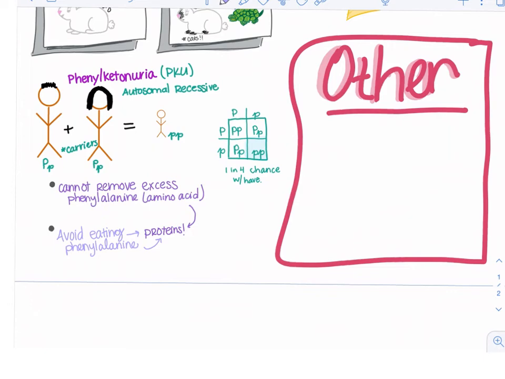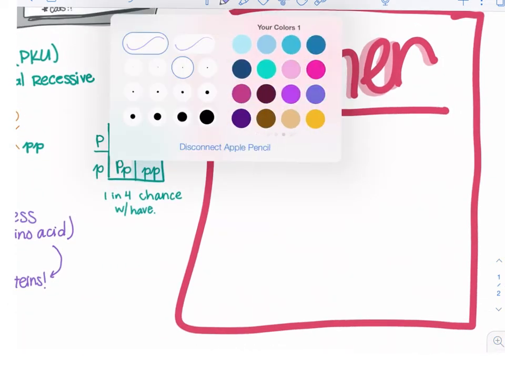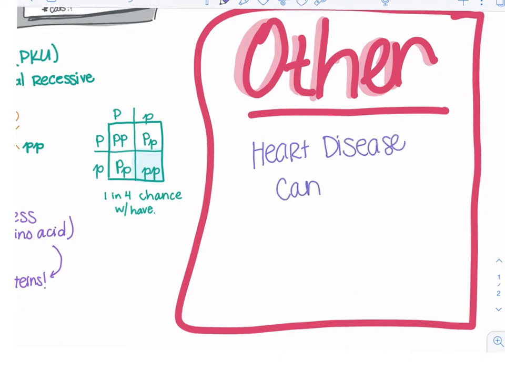There are other human diseases, like very common, big ones: heart disease, which is incredibly common, and cancer.